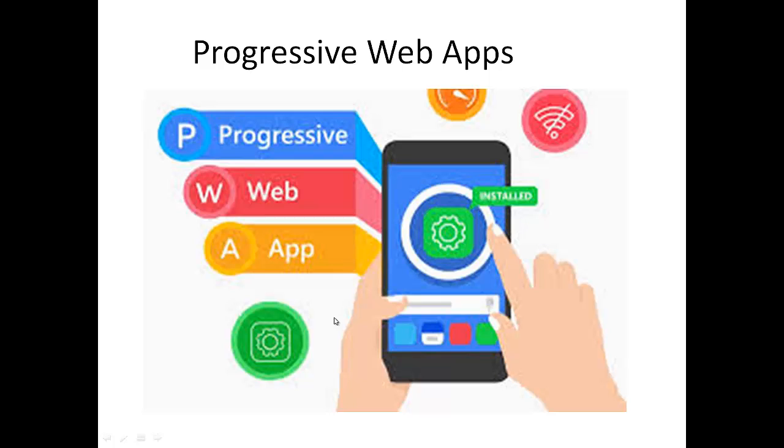Google, Apple, Microsoft, and all the tech giants are transitioning to PWA. Some of the characteristics of PWA are a home screen icon, push notifications, splash screen, geolocation, security, and so on.